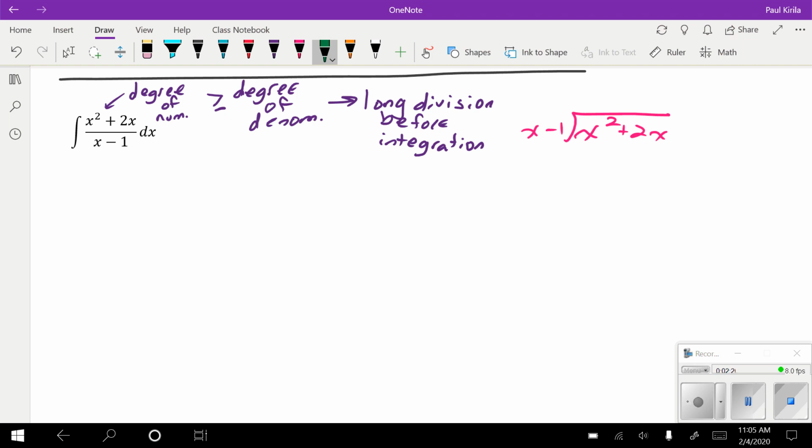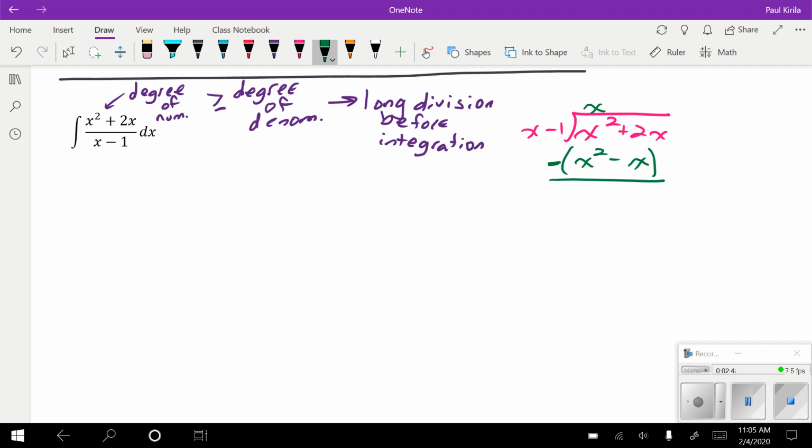I focus first on the first terms and ask, what would I multiply this x by to get x squared? Well, I would need to multiply by an x. So I take this x times all of the outside, and I want to subtract that entire thing from what's inside the house.